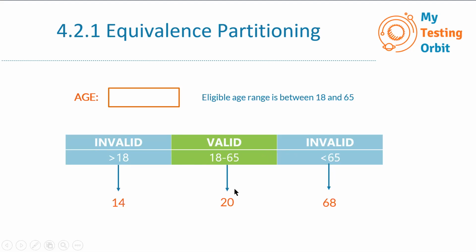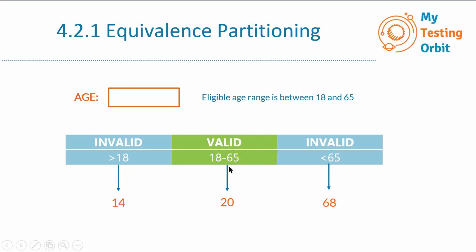So we divide the input values in sets of partitions or equivalence classes. Over here, the valid data are the values which are accepted, in this case, between 18 and 65. And the invalid would be those which should be rejected by the system or by that field. Okay. And what we do is test only one value from each group, and we assume that if it works or doesn't work, the rest of the values in that group will behave in the same way.